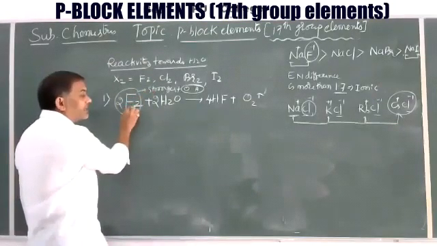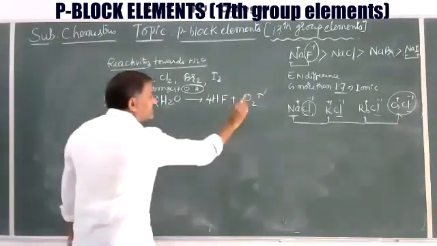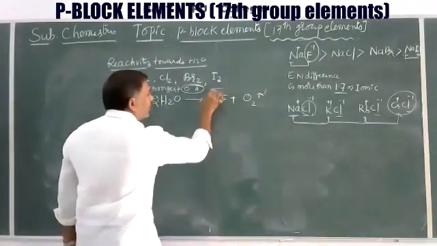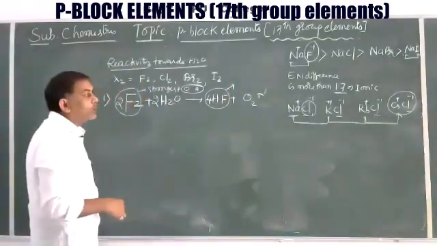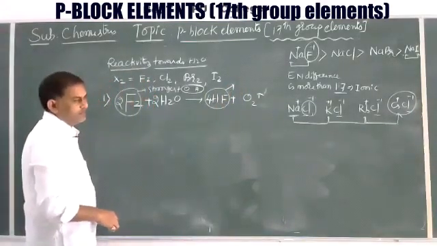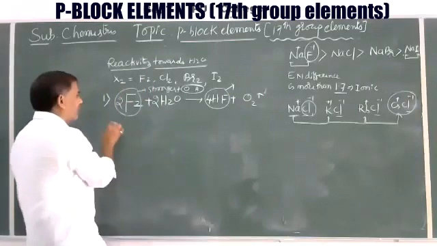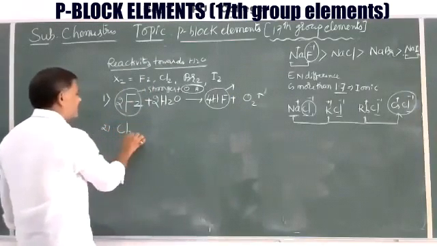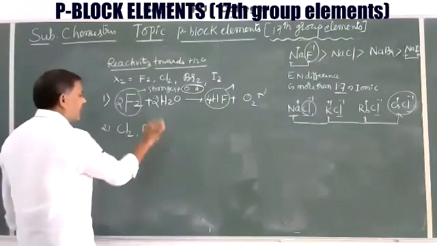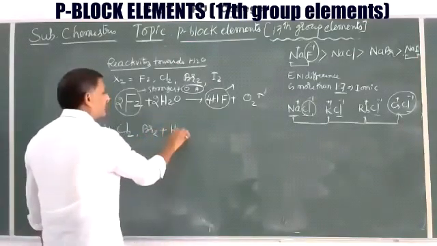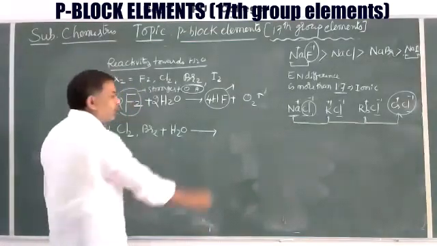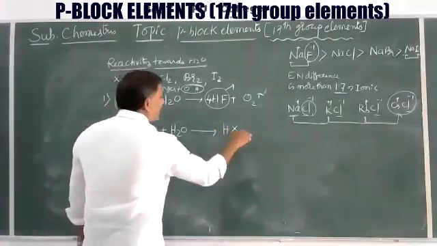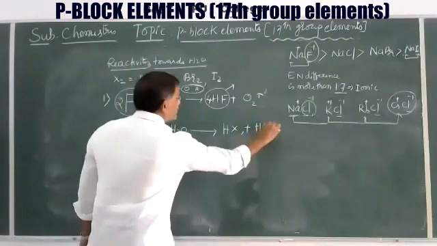It oxidizes water to oxygen and it gives only one type of hydrogen halide, the halo acid. Whereas in the case of Cl2 and Br2, when they react with water, they give 2 types of acids. One is HX type, another one is HOX type.